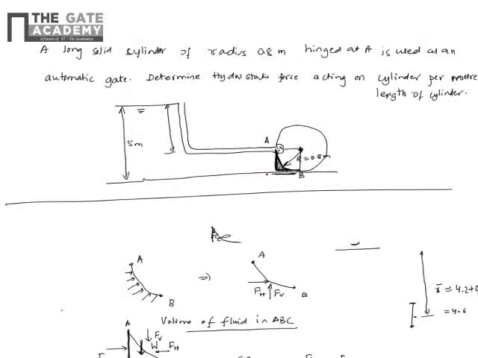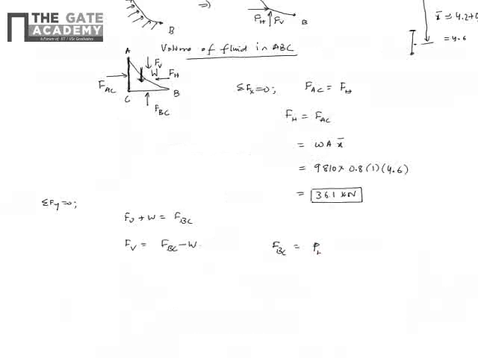That is nothing but the fluid pressure at the bottom into the area of BC, BC into perpendicular width 1. So the fluid pressure at the bottom is rho g 5, into BC, which is 0.8 into 1. So this is the force on the BC.